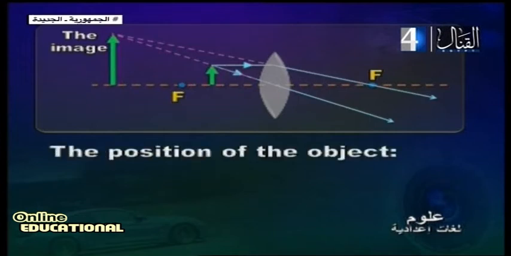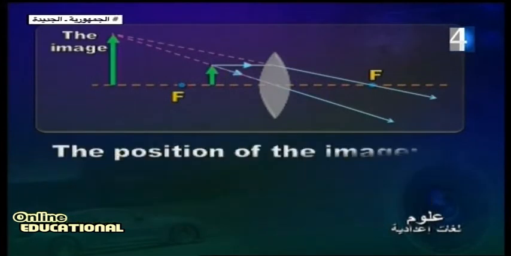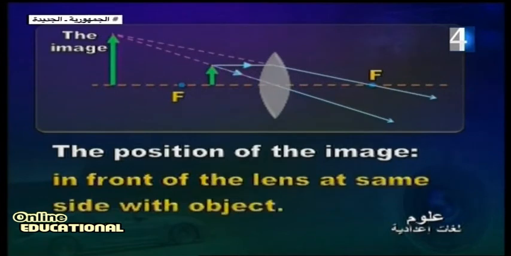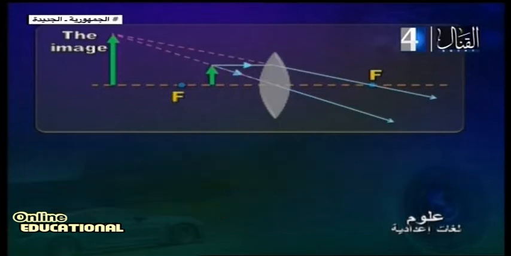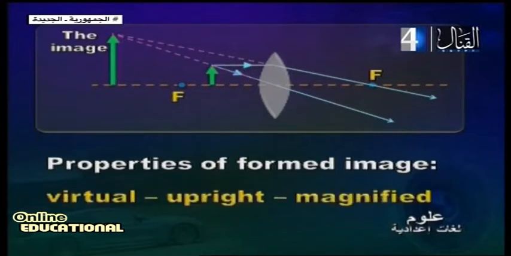So the position of the object, of course, is less than the focal length, and the position of the image is in front of the lens, at the same side of the object, not on the other side. But last thing, the properties of the formed image: it will be virtual because it's formed by the extension of refracted rays, upright and magnified, bigger than the object.